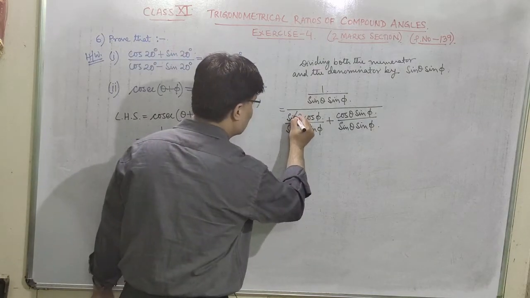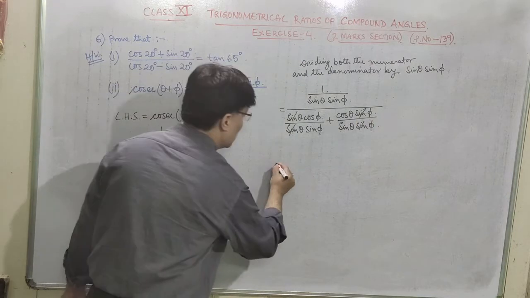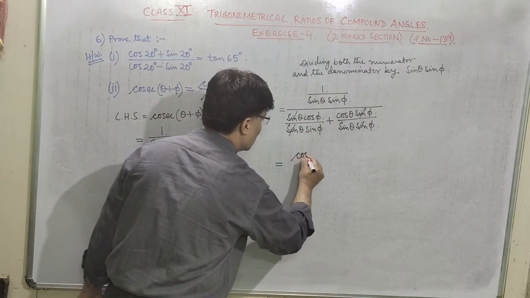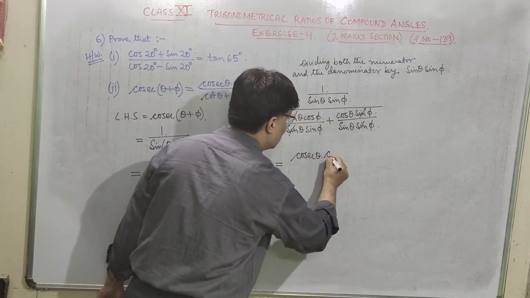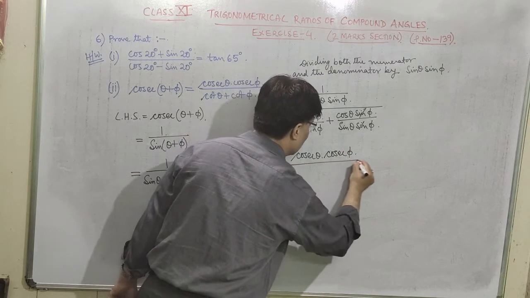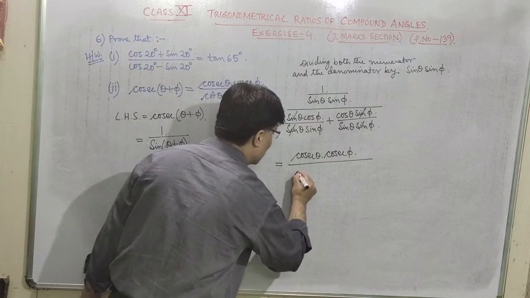So here we can cancel this sin theta and here we can cancel this sin phi, which is equal to, what is 1 by sin theta? It is cosec theta into what is 1 by sin phi? It is cosec phi. This divided by, now in the denominator, what is cos phi by sin phi?